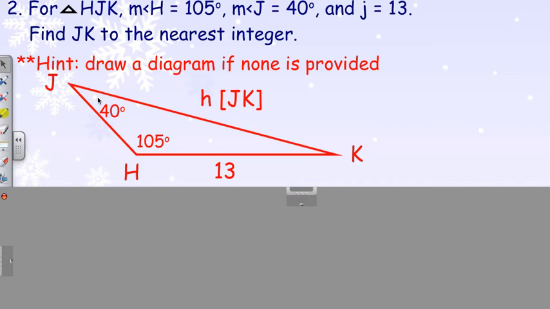So I am not provided with a triangle, but I am going to draw myself one. So I put in angle J is 40 degrees. Side j right across is 13. Measure of angle H is 105. And I'm looking for side JK, which happens to be side h.